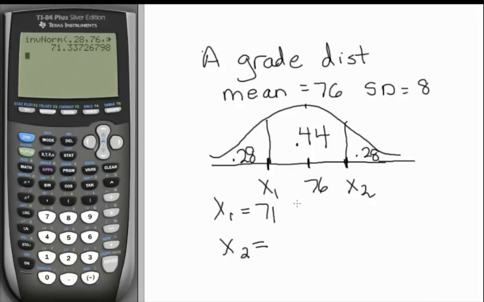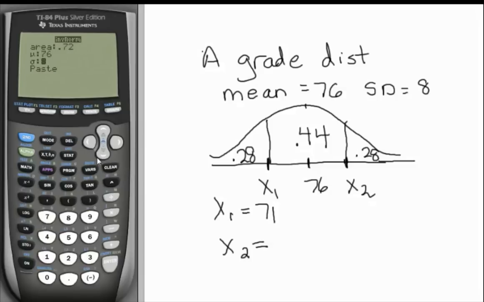Now, we want to find x2. Well, what is the area to the left of x2? Adding up 0.44 and 0.28, we get 0.72. So let's go here. Inverse norm. Our area then is 0.72.